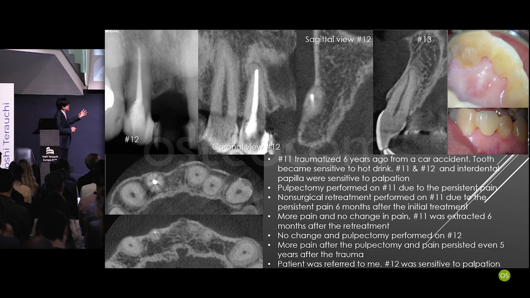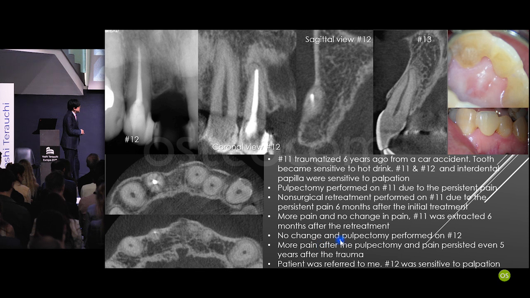After the extraction, the patient had more pain. Nothing changed. Then she started feeling pain from tooth number 12, this tooth, and she had more pain. The dentist performed pulpectomy on tooth number 12 because of the persistent pain.